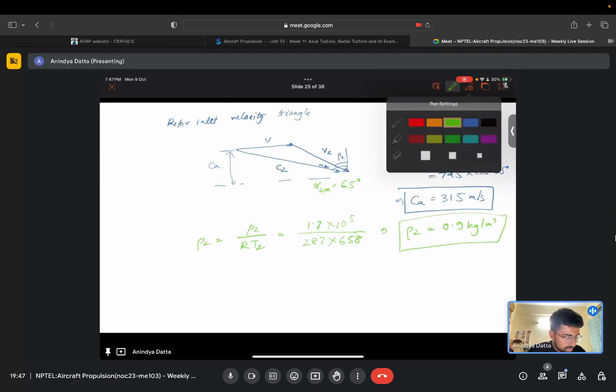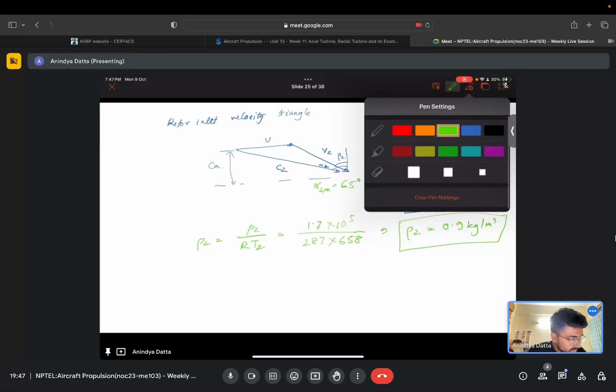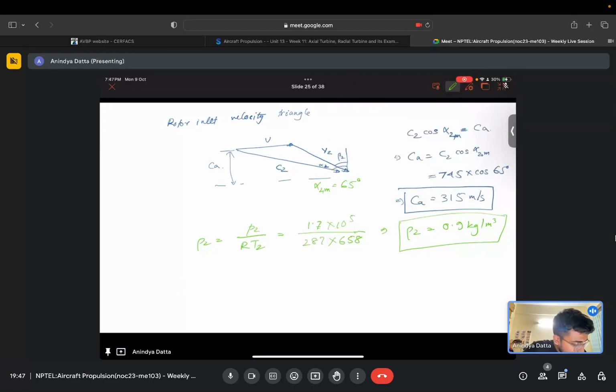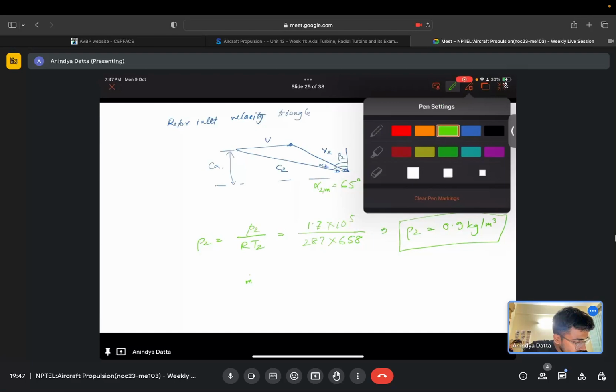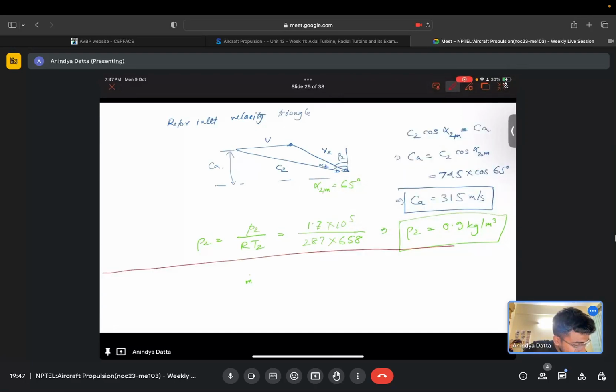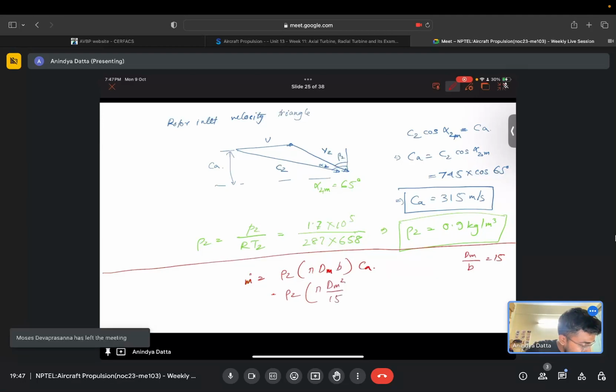Now we go back to the expression that we wrote here, that m dot is equal to rho 2 pi dm into b, so this is the area, times the axial flow velocity. Since we know dm by b is equal to 15, we can write this as pi dm square by 15 into Ca.